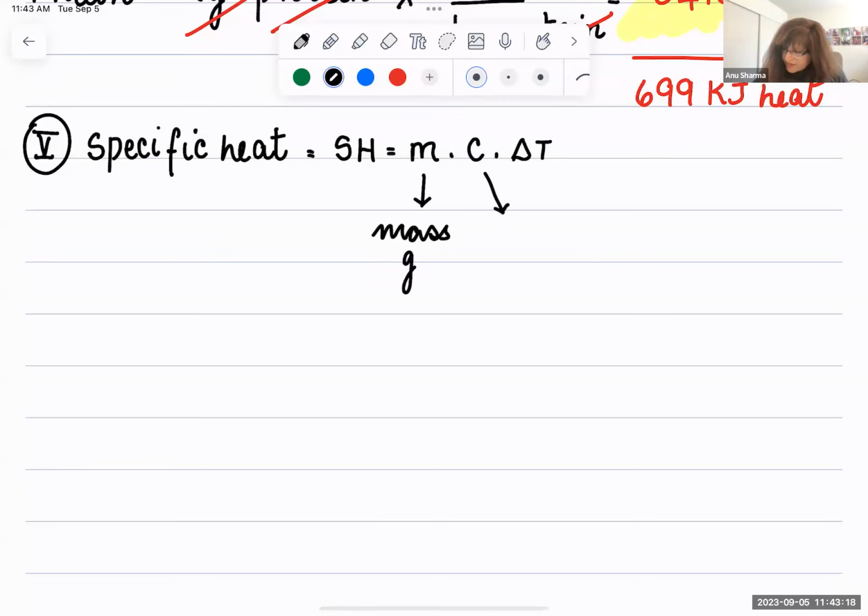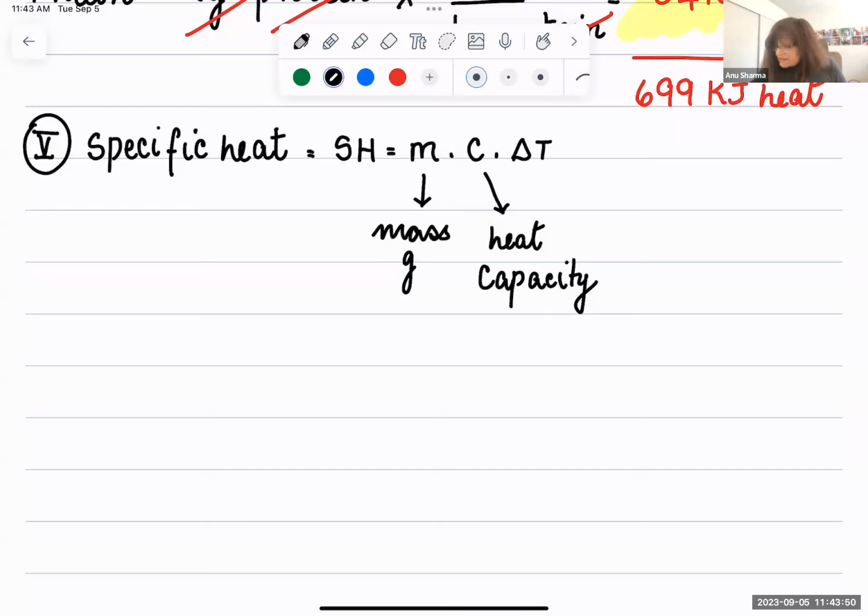C is the heat capacity. How much can an object absorb heat? Not everything absorbs heat in the same amount, in the same way. Water takes very long to heat, but sand gets heated up quickly. Water takes very long to cool down. It releases heat also very slowly. And the sand releases heat quickly also. So sand cools down quickly.